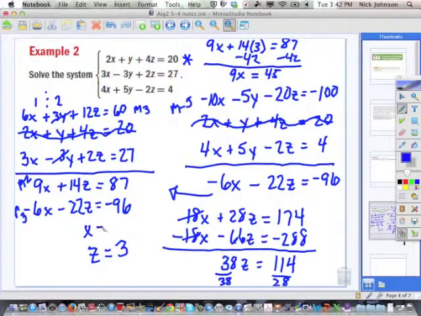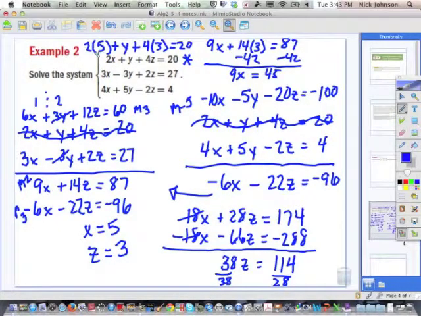So I know x, I know z, I need to find out my y. So I'm going to go right back up into this equation. 2 times x. Well, 2 times x is 5. Plus y plus 4 times z is 3. Has to equal 20. Okay? Well, that's 12, and that's 10.